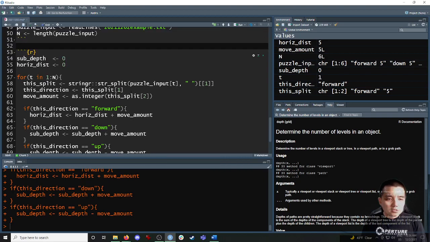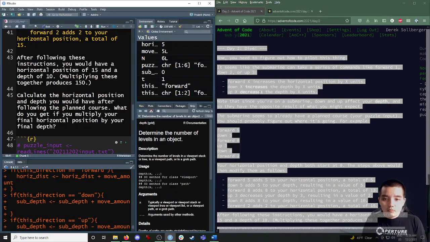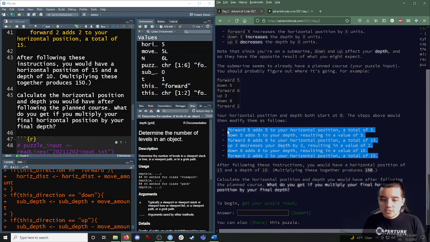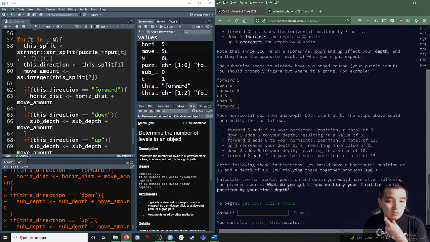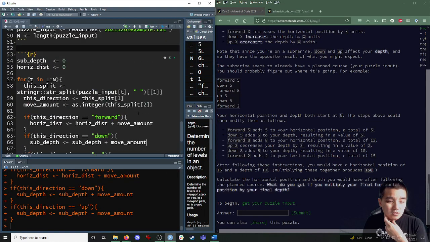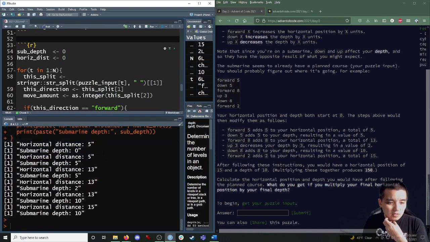I'm going to run this, and hopefully it will bring us to these numbers here that we see in the example. Running the code. We got a horizontal distance of 5, 13, and 15. We got depths of 5 and 10. And then, as the example says, we can now multiply the 15 and 10 to get the final answer.